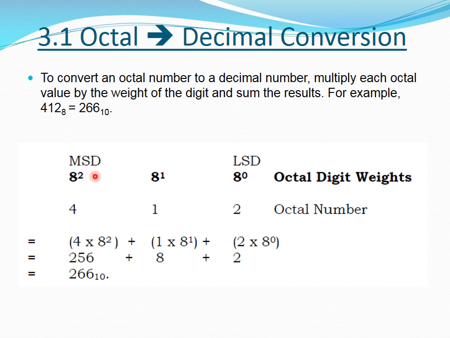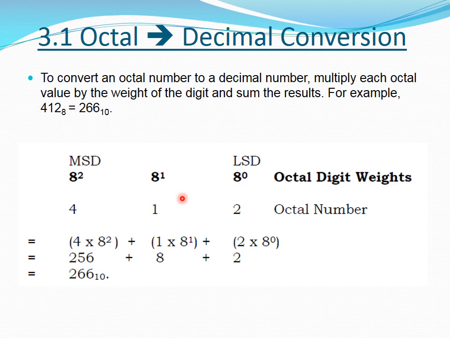The digits of 412 have weights 8 power 0, 8 power 1, 8 power 2. Octal contains 8 values, therefore 0 to 7, that's why the base is equal to 8.